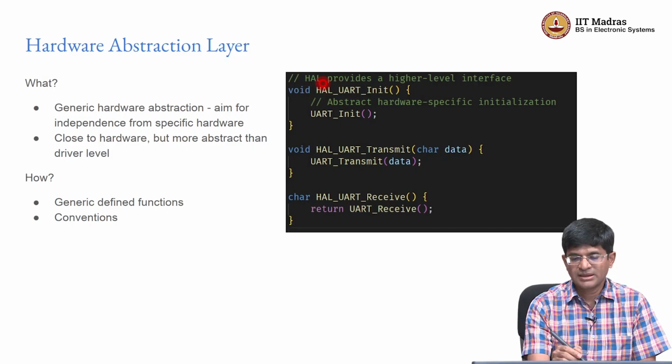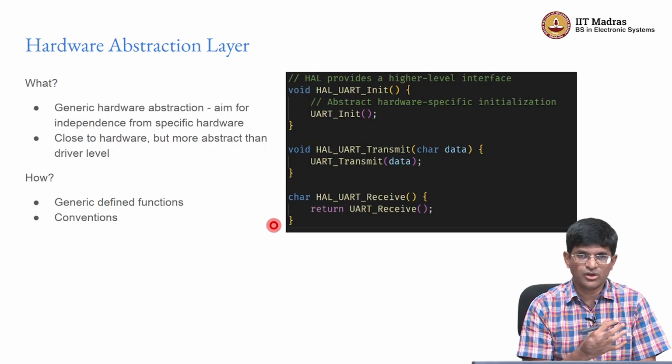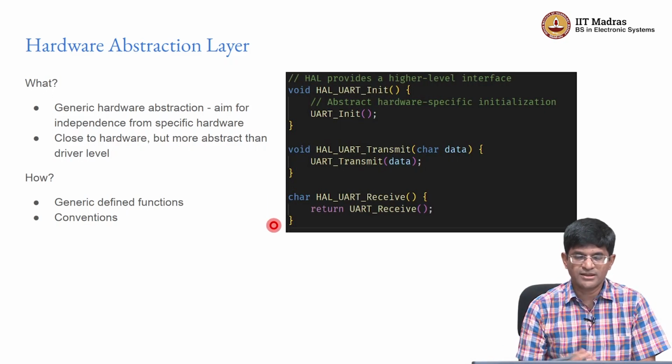The point is that there may be certain things like, for example, an initialization or a transmit capability which could be slightly different in different microcontrollers. What the HAL does is it abstracts that away for you and provides you with a standard set of functions, and it basically tells you that, okay, let's say that you are taking your driver and porting it to a new system.